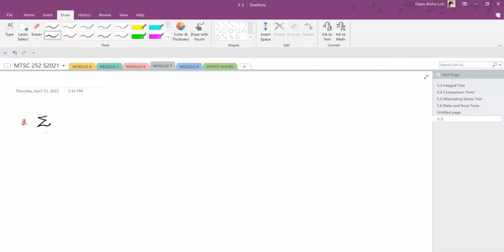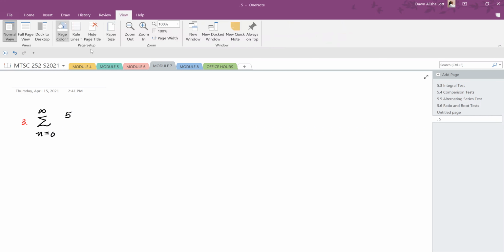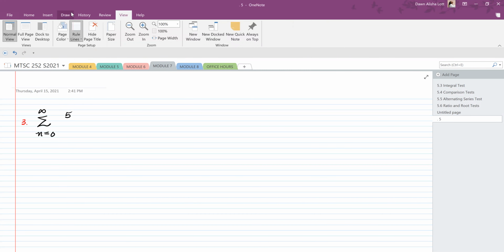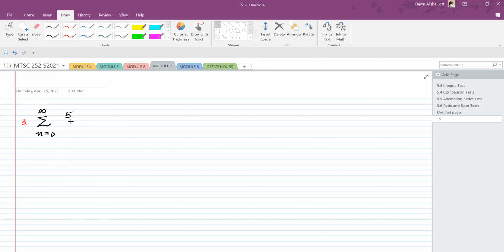So this looks like the summation n equals 0 to infinity of 5 over n cubed plus 15. Now, as n gets really, really big, n cubed plus 15 kind of looks like just n cubed.